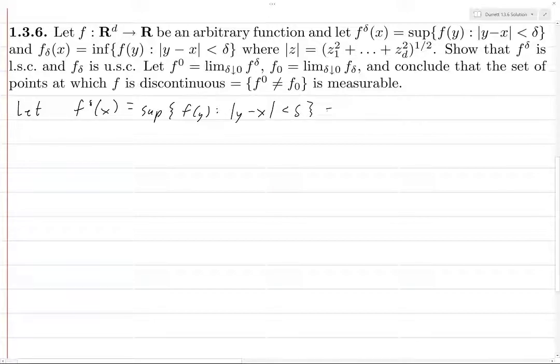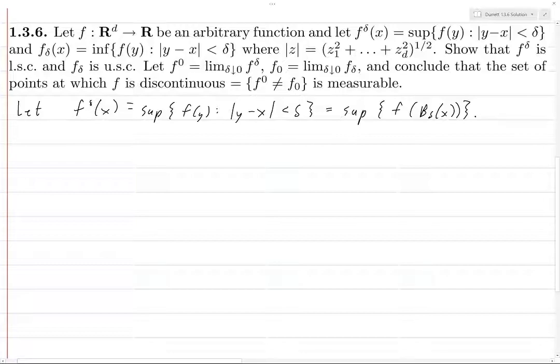The way that I think about this is, it's the supremum over the image of the ball of radius delta centered at x. So you take every point in the ball of radius delta centered at x, again this is in R^d, you take all these points and you see where they map to under the function f, and then you take the supremum over all of these numbers.